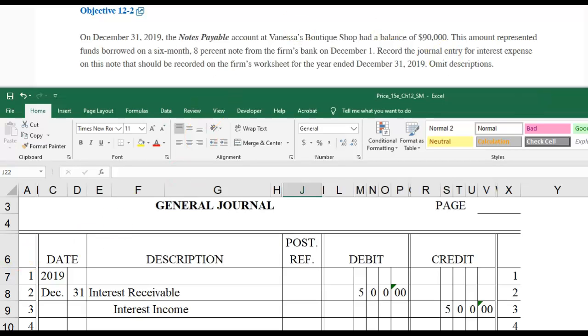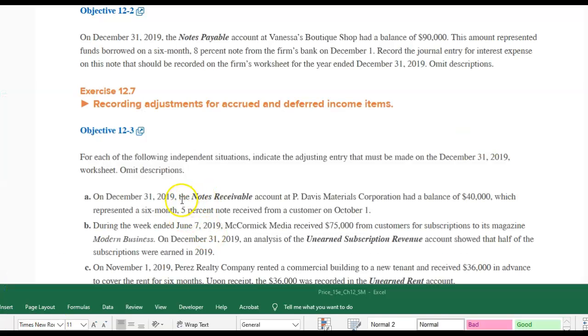Let me pause. Okay, looking back at this notes receivable, it has $40,000. You multiply that by the 5%, and you'll get 2,000. That's how much the interest is per year. Divide it by 12, it comes to $166.67 a month.